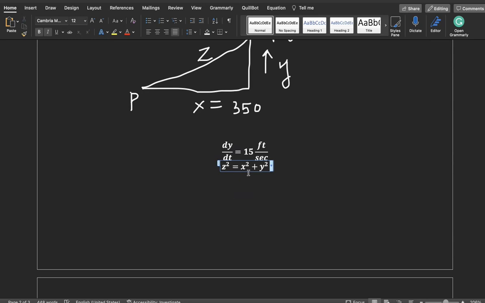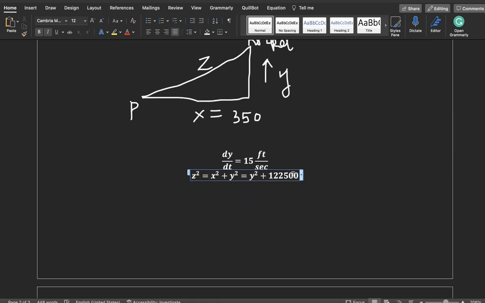We're already given x. So if you substitute in the value of x, this basically equals y squared plus 350 squared, which should be 122,500.